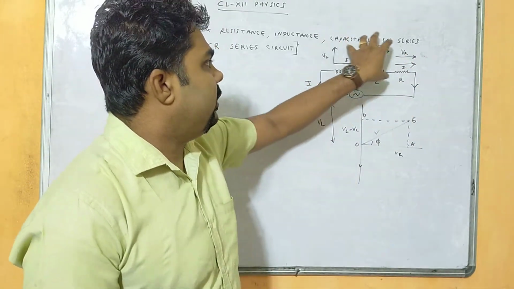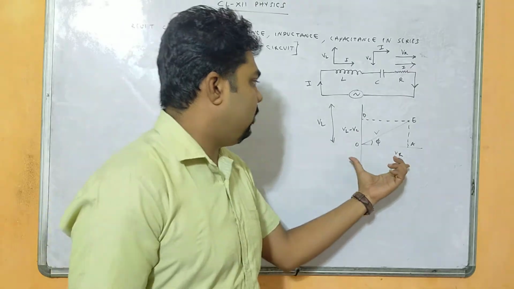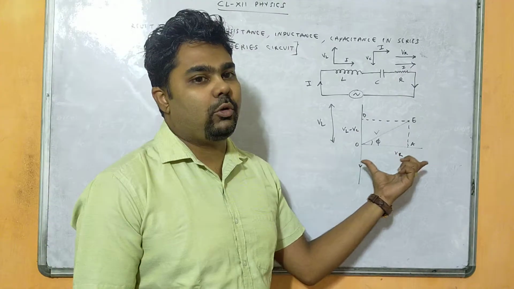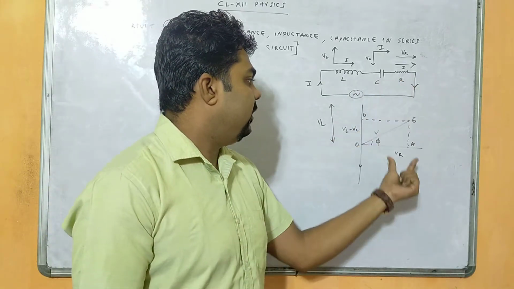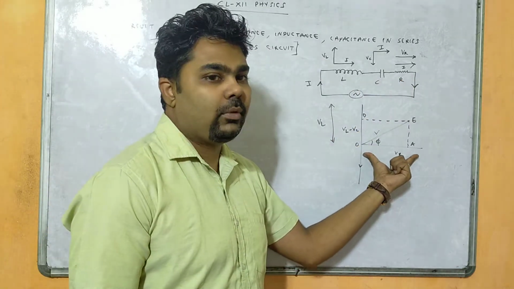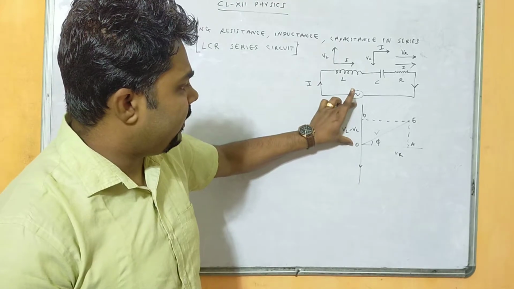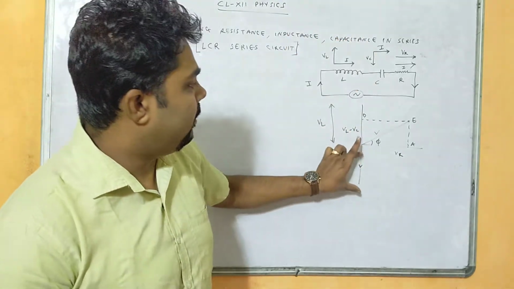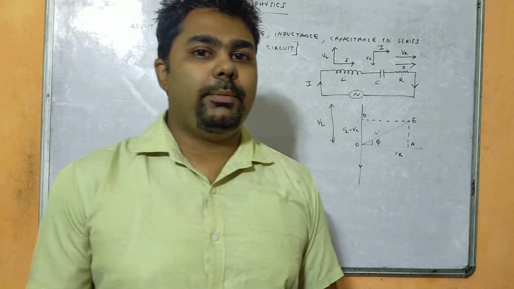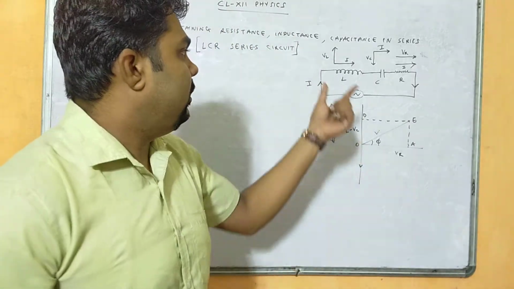So combining all these three, this one phasor diagram can be drawn where the potential difference across the resistor is taken on the x-axis. So on the y-axis this is VL and this is VC, right? So you see VL is up, VC is down, but we need to draw here the resultant of all these three elements.